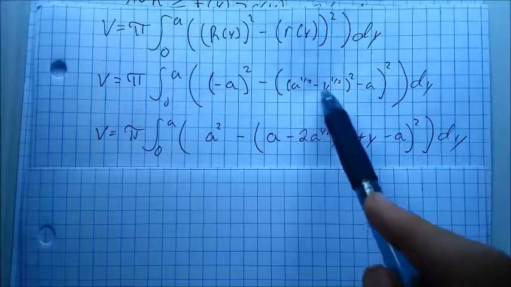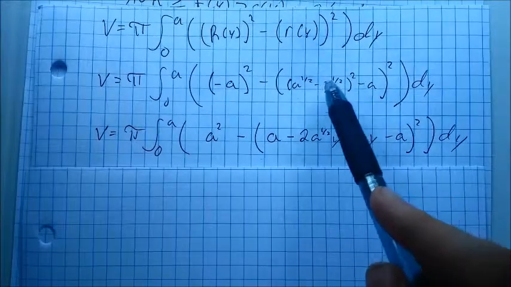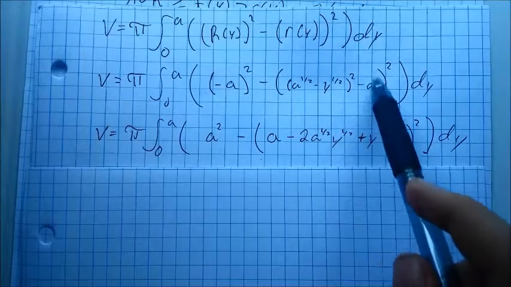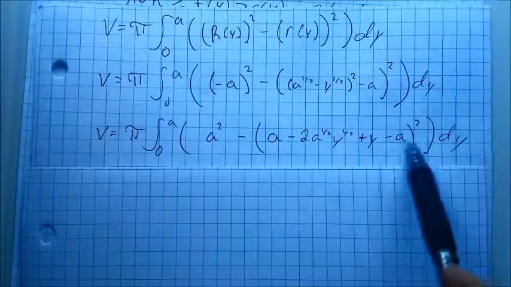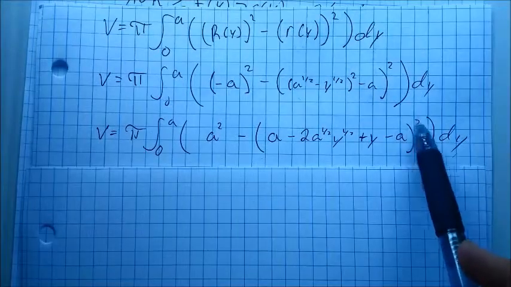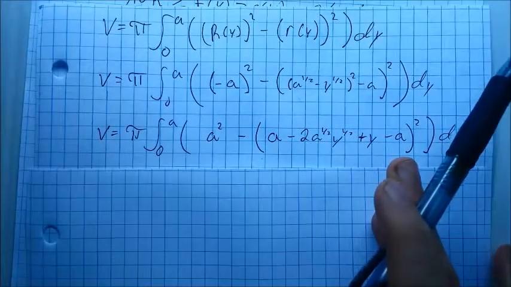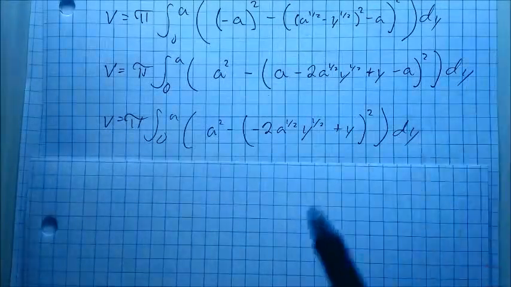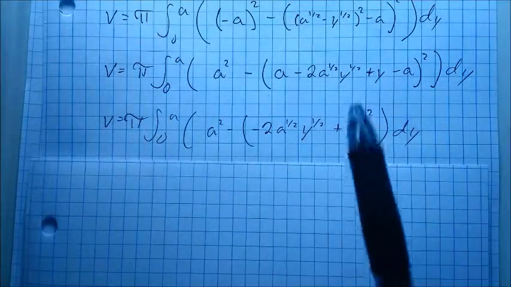And then negative y to the 1/2 squared is just positive y. And then we still have this a that was hanging out over here. That's what happened here. And if you look, we have a positive a here and a negative a here, and they're both inside this square. And so that will cancel out. So that will be our next step, would just be to cancel those out, make it look nice.